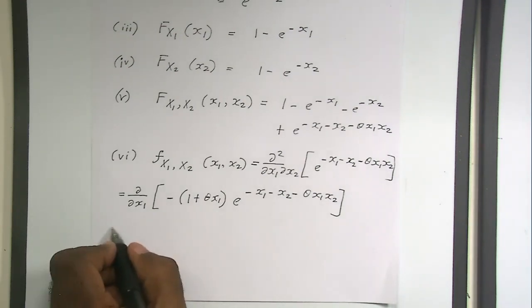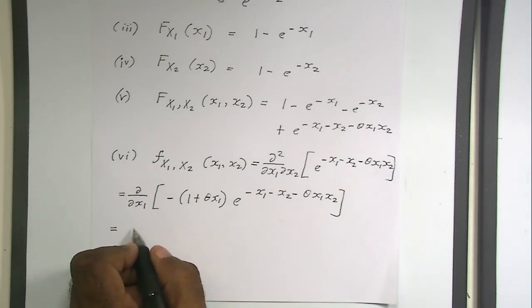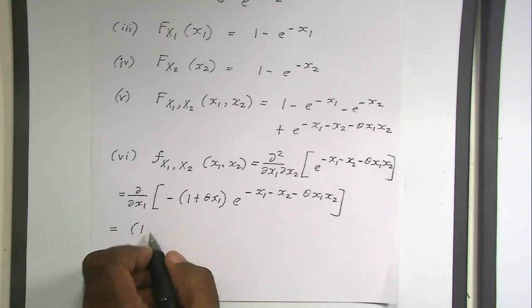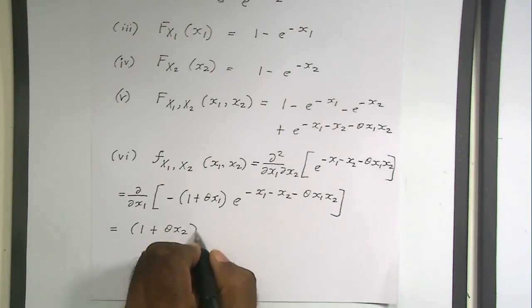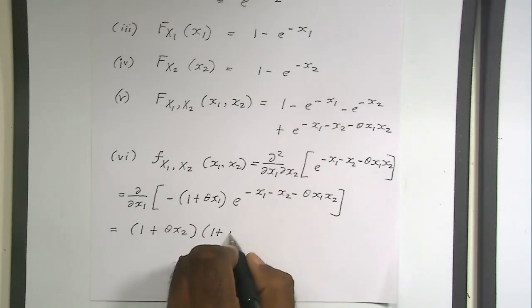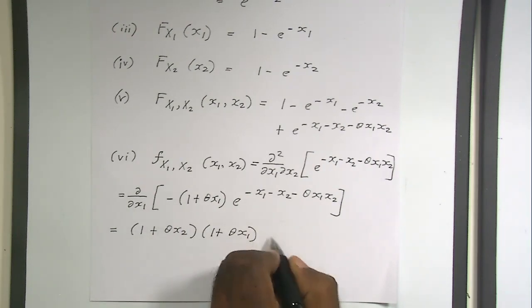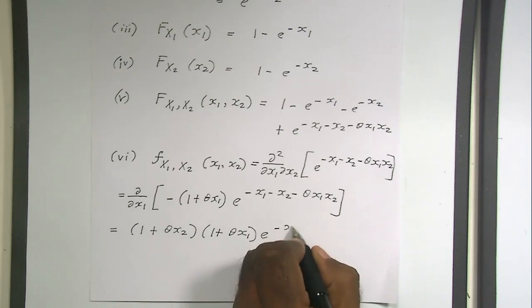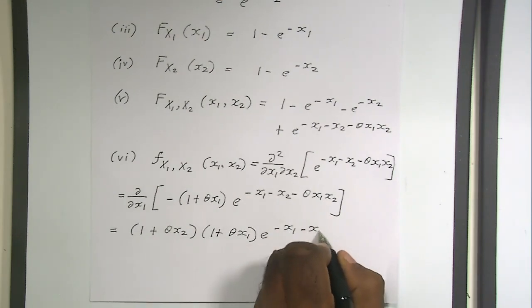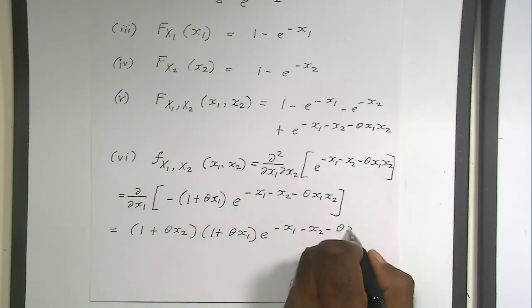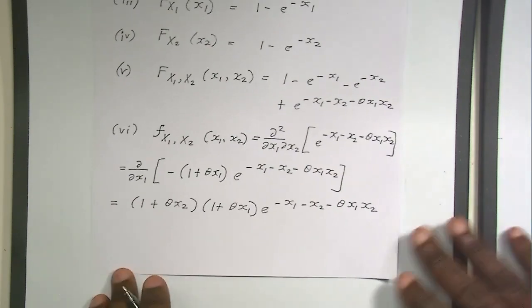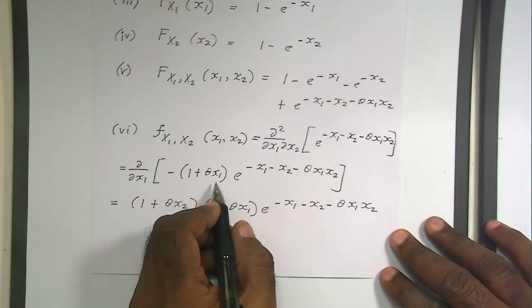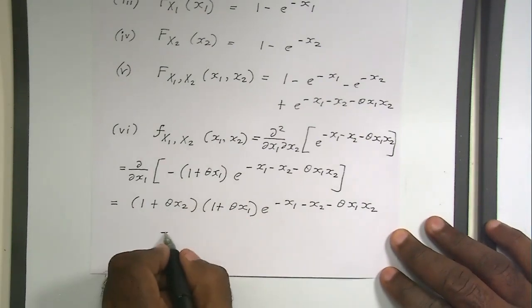So it will be 1 plus theta x2, theta x1, x2, and then you should differentiate this with respect to x1. You get minus theta.